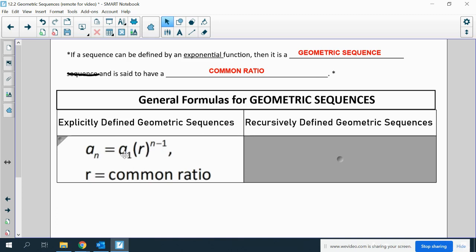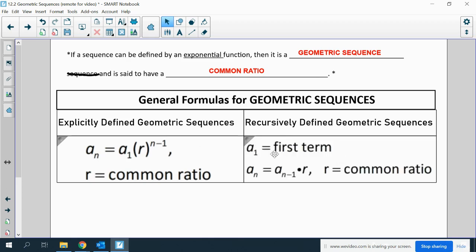R is the common ratio, a sub 1 is the first value in the sequence, and a sub n are any subsequent values. A recursively defined geometric sequence means you have to have two definitions. You have to have the definition of the first term, a sub 1, and then a sub n is equal to whatever the previous term is times your common ratio.